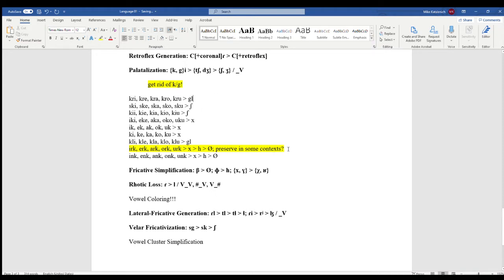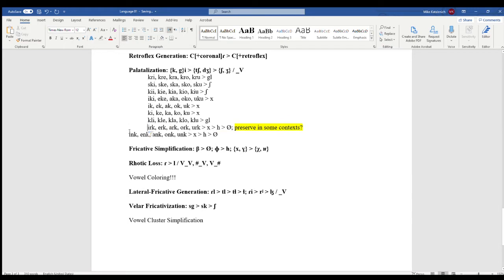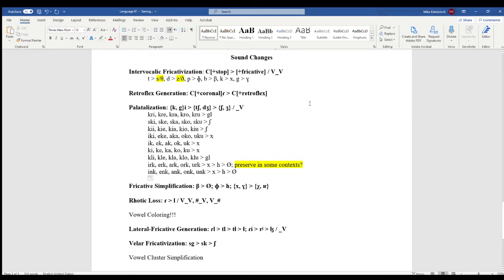Preserve in some context, I'm going to leave open for now because I need to run some sound changes before I can make a solid decision on that. So, time to make those all into rules.